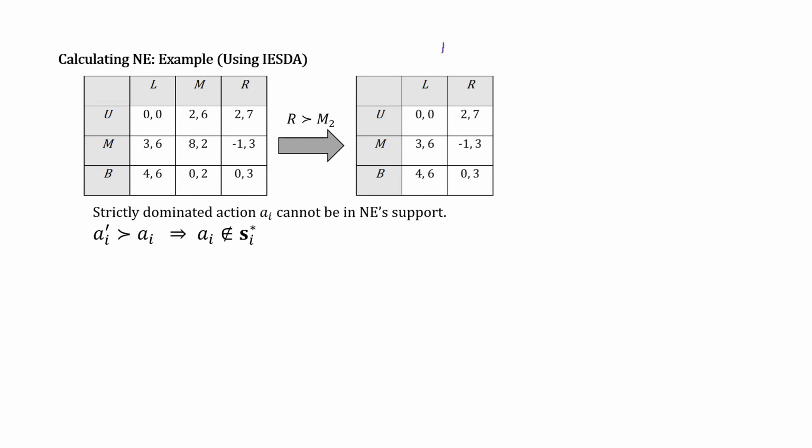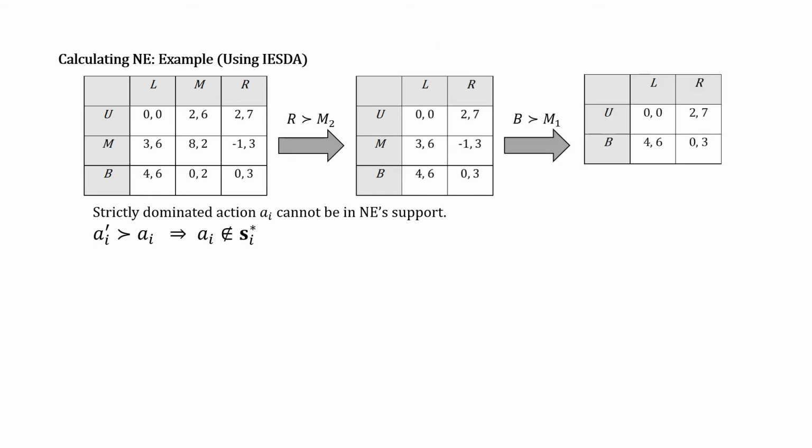And now the simpler game reveals more dominance relationships. So you can see that down, D, actually dominates M1, because 4 is more than 3 and 0 is more than -1.